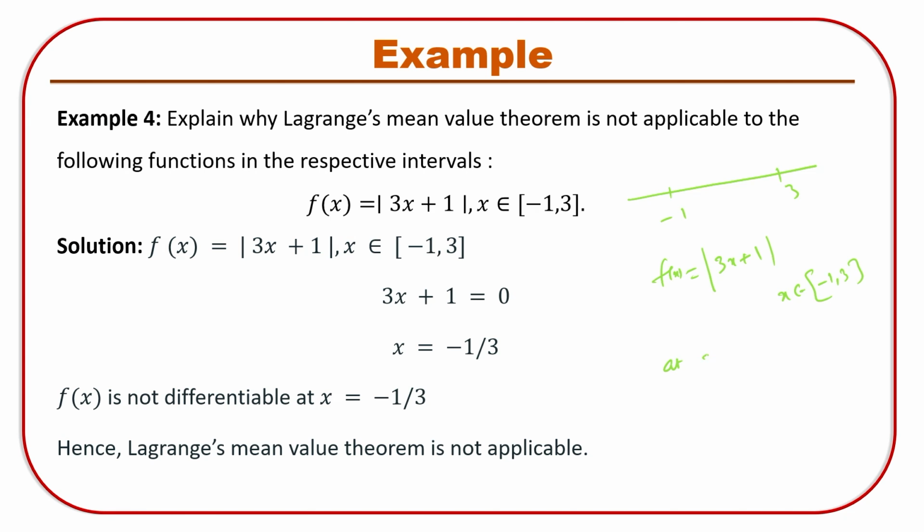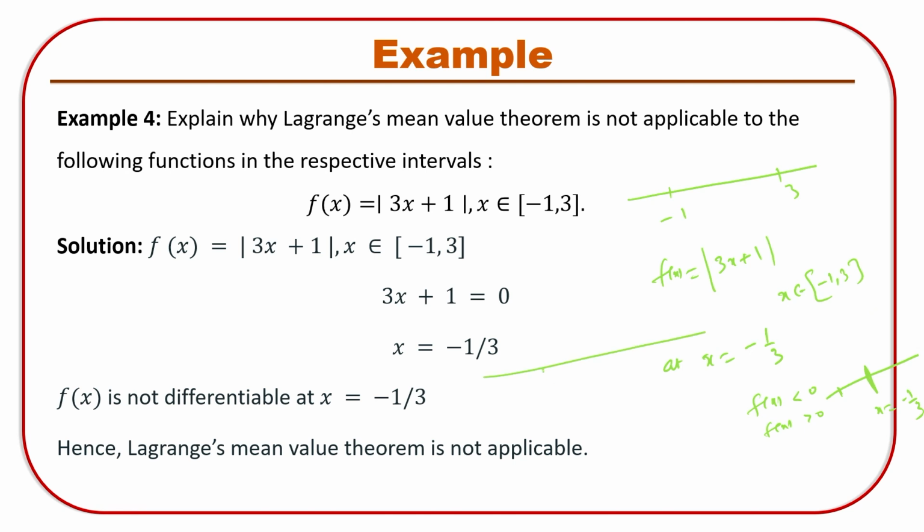So for f(x) on -1 to 3, this will give you 3x + 1 equal to 0 at x equal to -1/3, can you check? So see here, what are we looking for? We are looking for f(x) less than 0 or f(x) greater than 0 on parts of the interval. So we divide the interval at x equal to -1/3, and we have here -1 to 3, right?